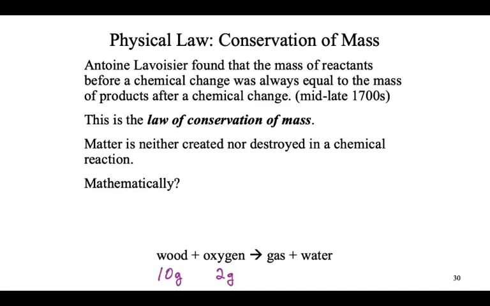We know on the reactant side I have a total of 12 grams, which means on the product side it must be a total of 12 grams. Do I know how it was distributed between the water and the gas? No. So that question is actually impossible to answer. I would need some more information.